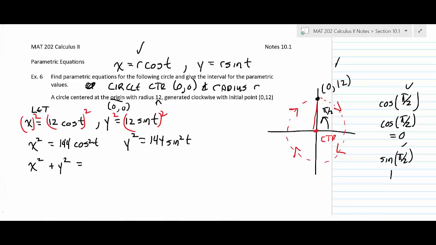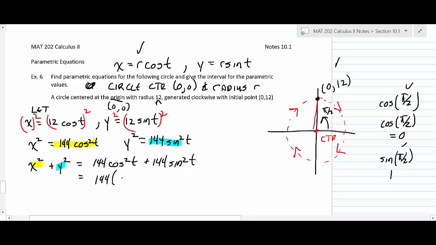So let's see. Let's just do x is going to be this. Y is going to be this. So then you just write down what you have. So you have 144 cosine squared t plus 144 sine squared t, okay? Then what's a good thing to do from here, probably? Factor out the 144, right?